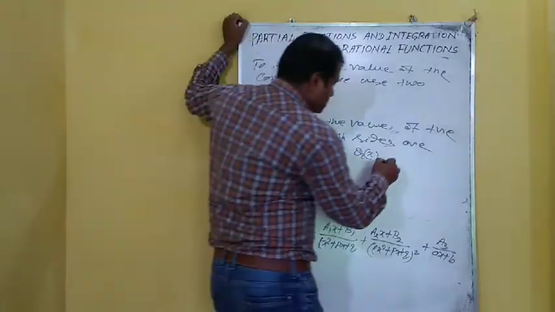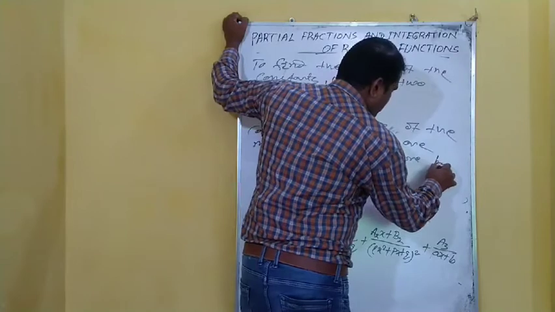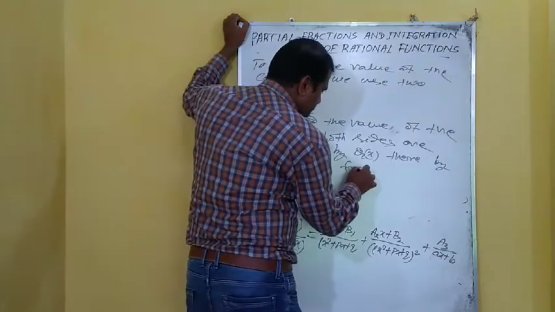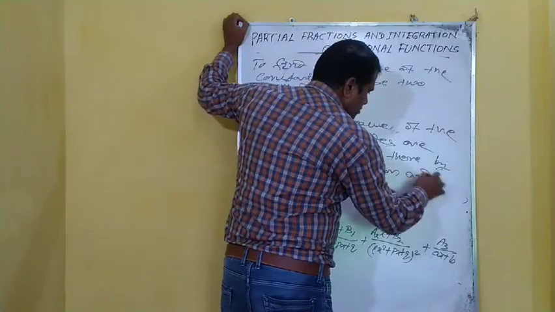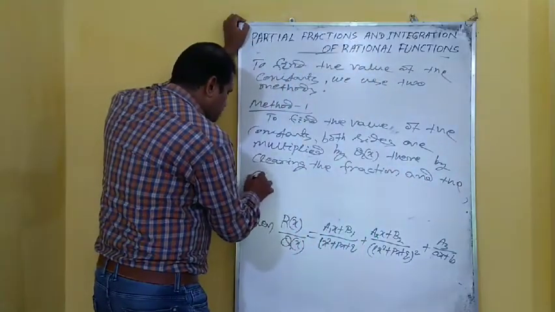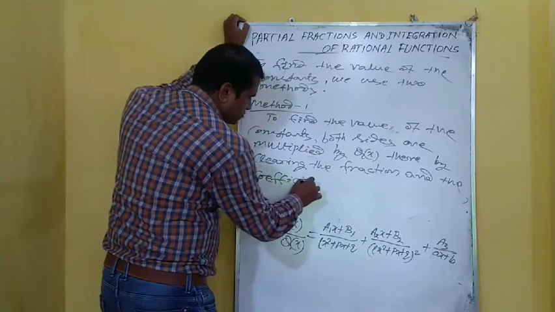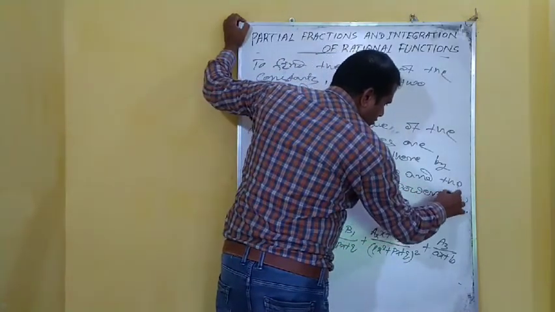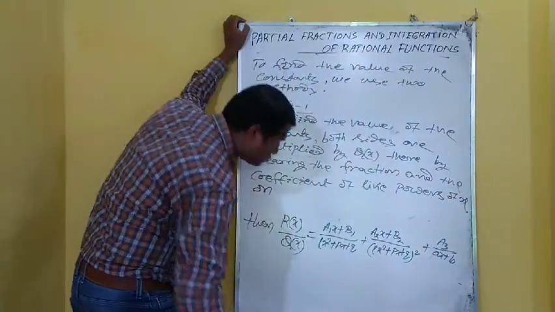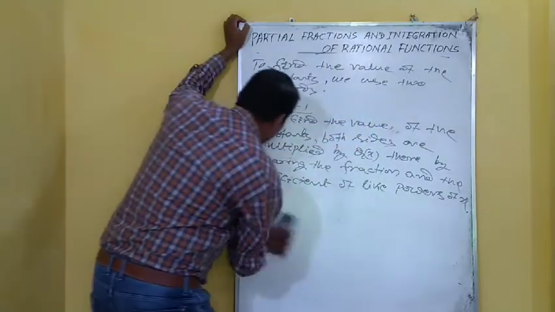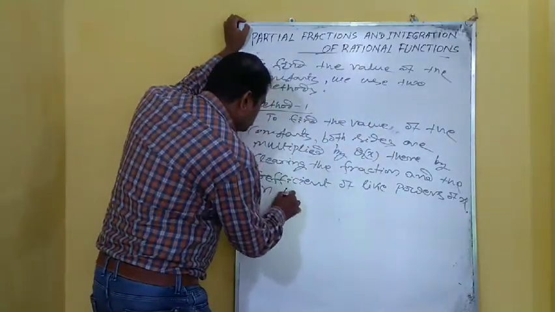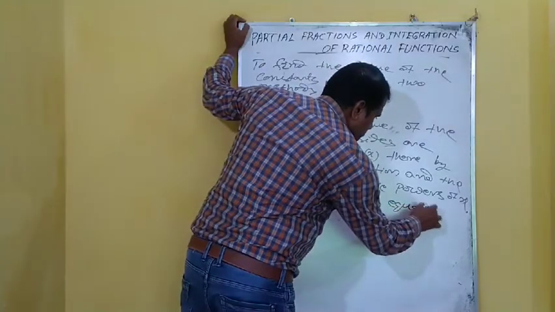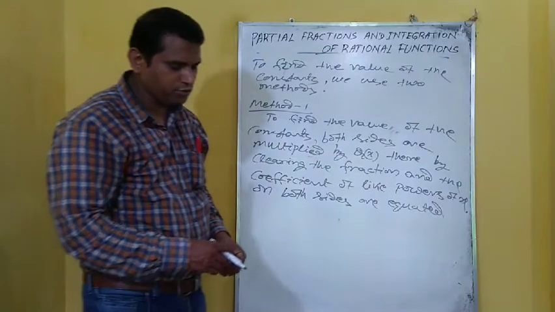Thereby clearing the fraction, the coefficients of like powers of x on both sides are equated. Coefficients of like powers of x on both sides are equated.